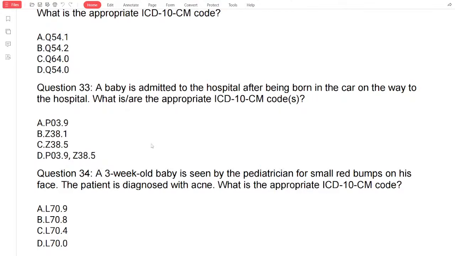Mahesh, check the code. 33B is the correct answer.